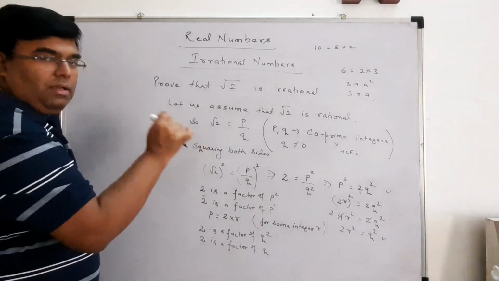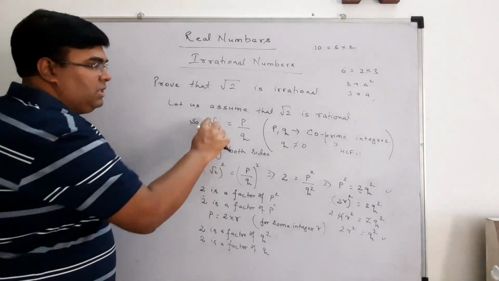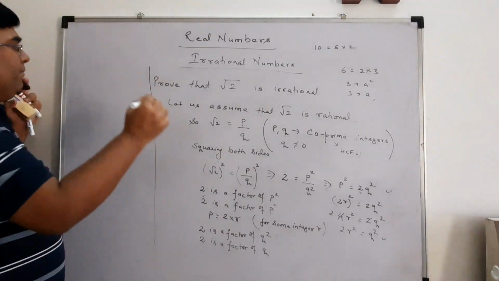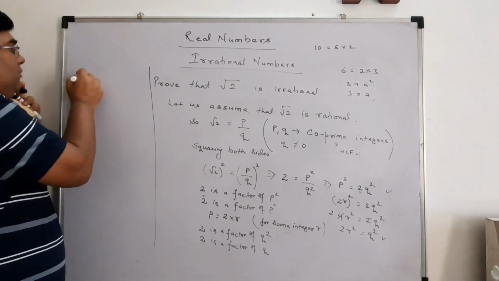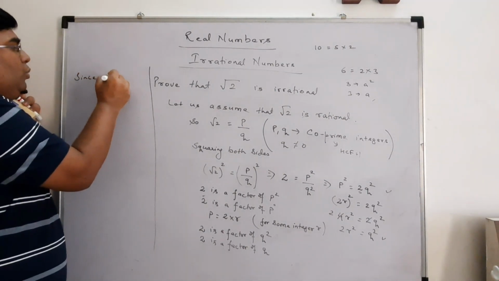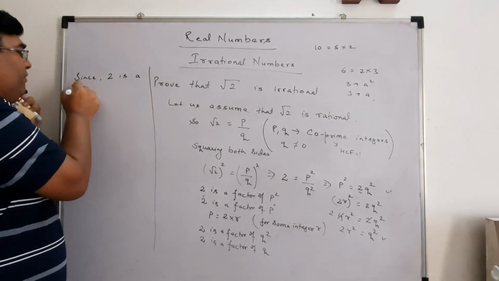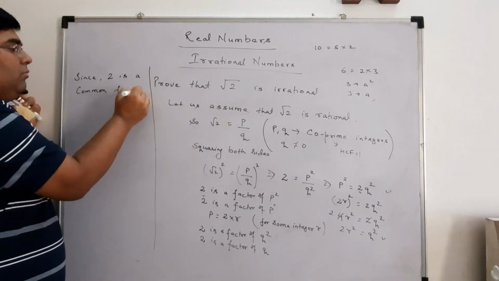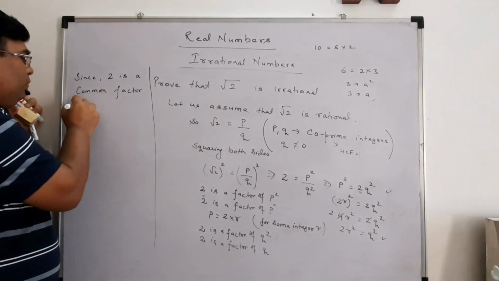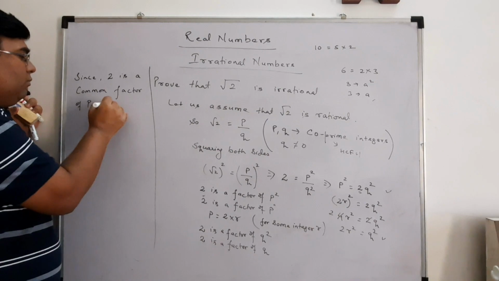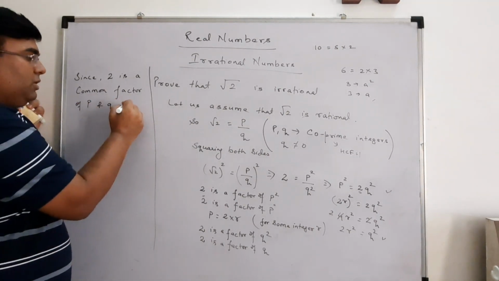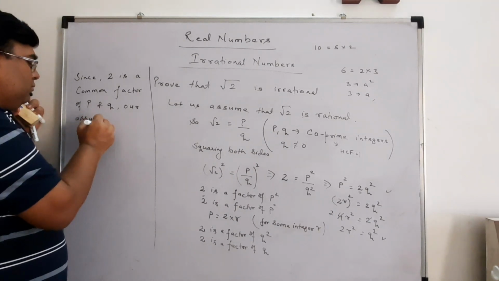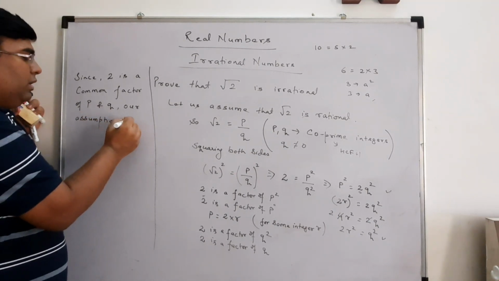It means something is wrong. It means the assumption that we have taken. So we will write like this. Since 2 is a common factor of p and q, our assumption is wrong.